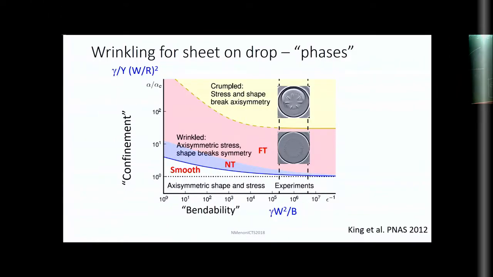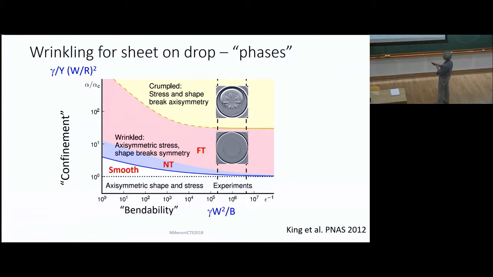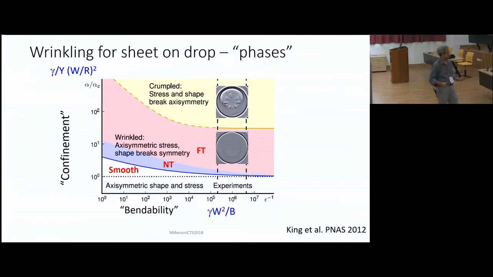But here, there's a regime in which you can do that. You go from the smooth boring state into a wrinkle shape in which there is a near threshold regime, and then maybe something else happens. By the way, there's a completely fictitious set of blues and pinks here, but just to give you an idea. But there are situations at high bendability where as soon as you go into the pattern state, you've forgotten everything about the planar state.